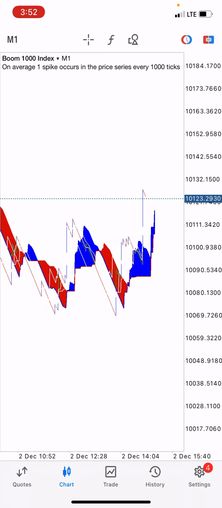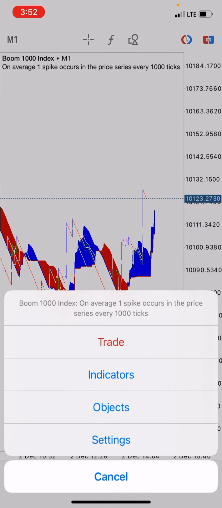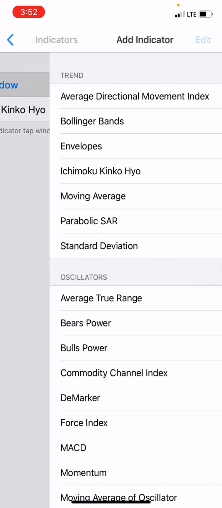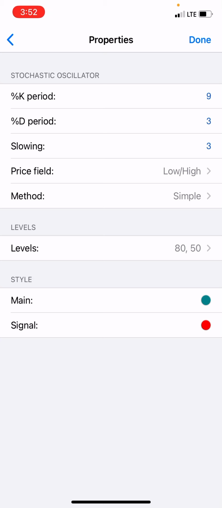Then we add our stochastic. Go and add your stochastic. These are the setups. The K period is 9, the D period is 3, the slowing is 3, the price feed is low/high, the method is simple.